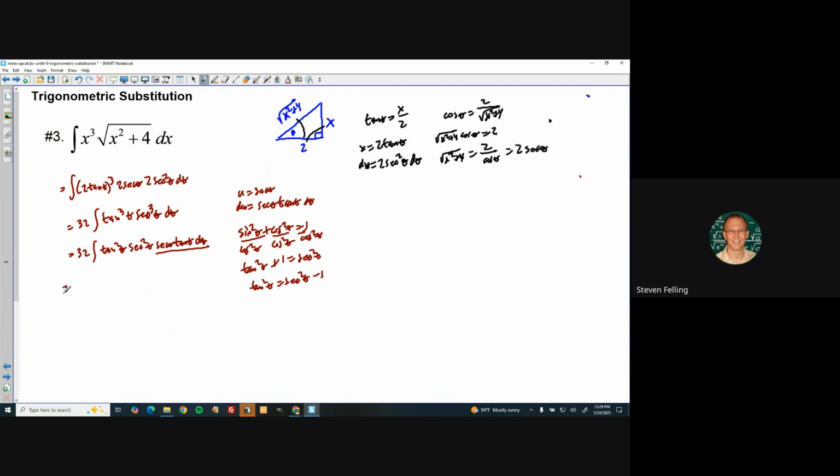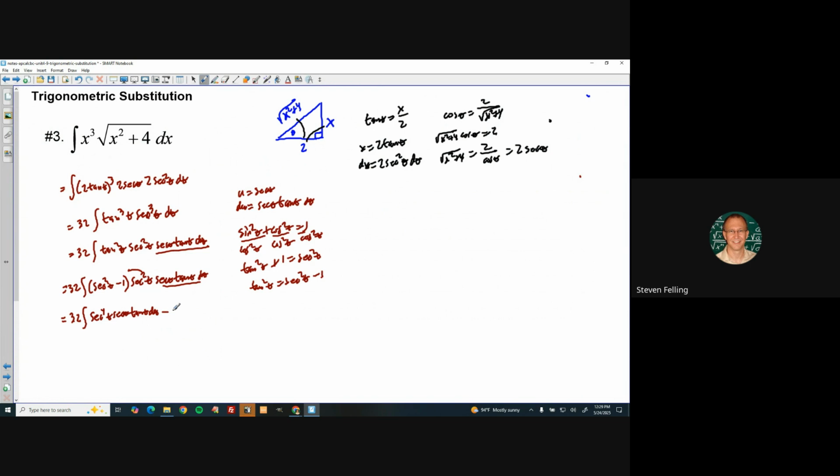So that means this is 32 times the integral of secant squared minus 1 times another secant squared times our secant tangent that we're reserving for use for the u substitution. And then I can distribute this in here, so I've got 2 integrals. 32, integral of secant squared times secant squared is secant to the 4th with the secant tangent.